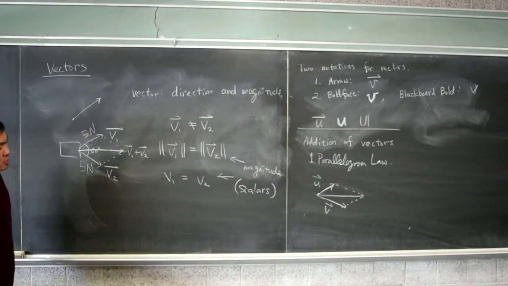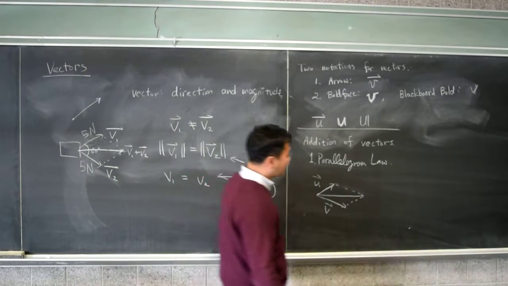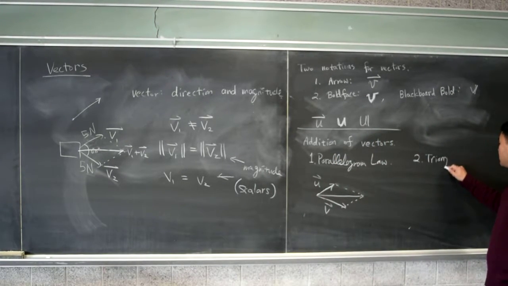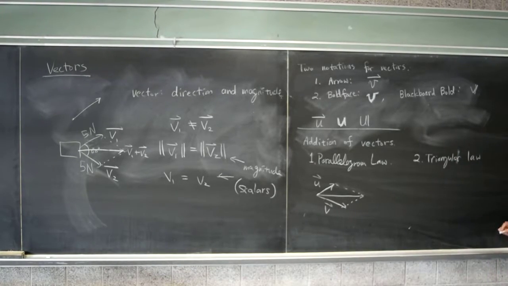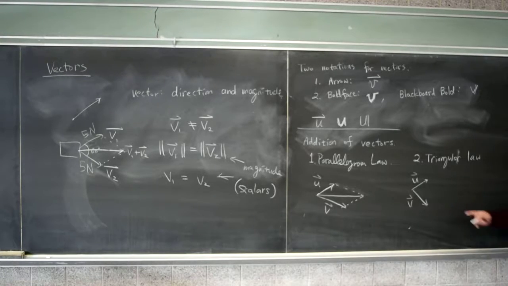That's called the parallelogram rule. And then secondly, there's the triangular law, which is, if you had a vector here and a vector there, u and v, then you move this vector u over here, and you draw this triangle.